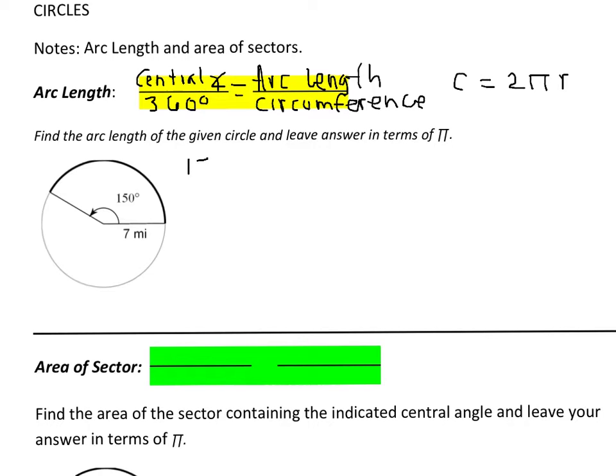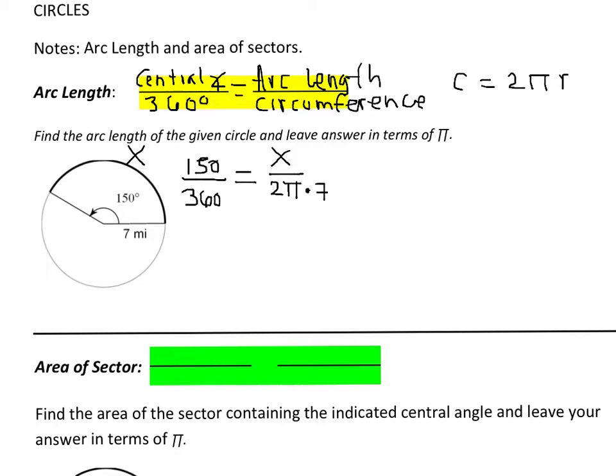So this is 150 over 360 is equal to the arc length. Let's call it x because we don't know the arc length. So this is x over 2 pi times the radius, 7.